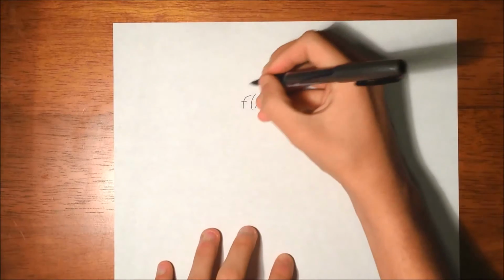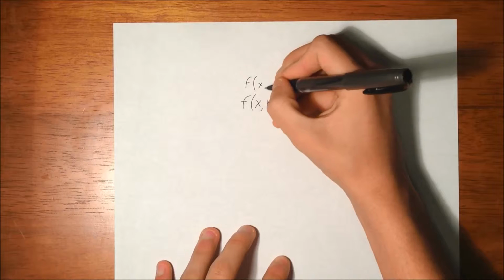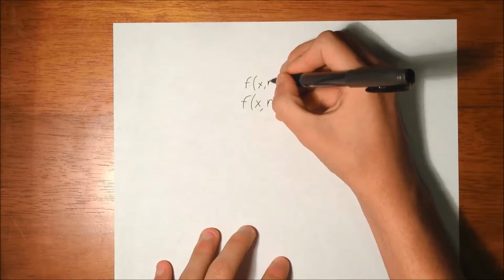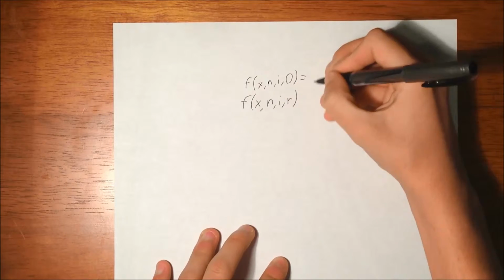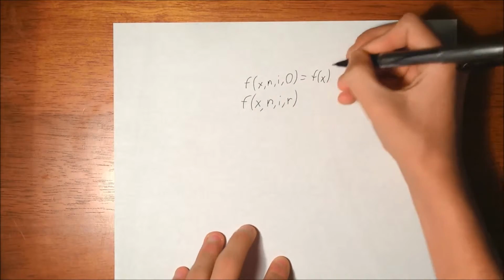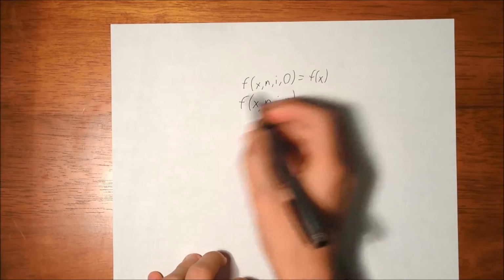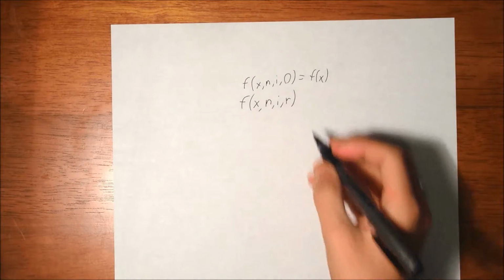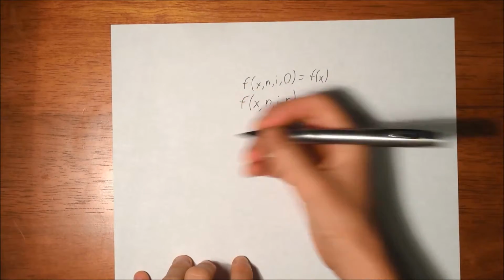Now, if you have a function of x, n, I, 0, that is just equal to f of x in the normal way of writing functions. But n, I, and r are defined by the following equation.